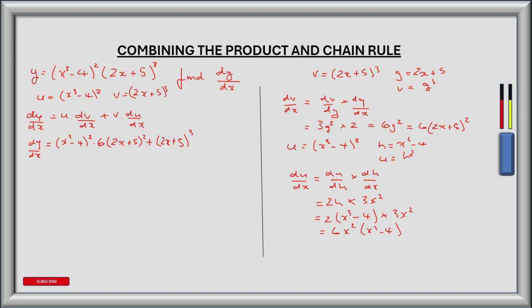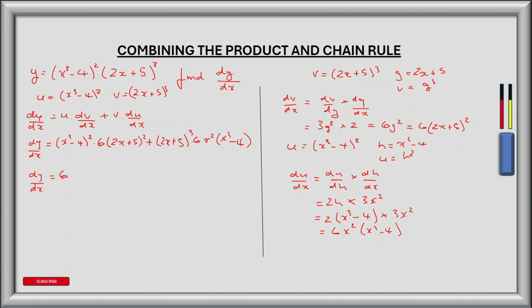If we go over to the left hand side and put that in our equation, so it's multiplied by 6x squared times (x cubed minus 4). So we can now tidy this up a little bit and say dy by dx is equal to, so we need to factorize this expression.